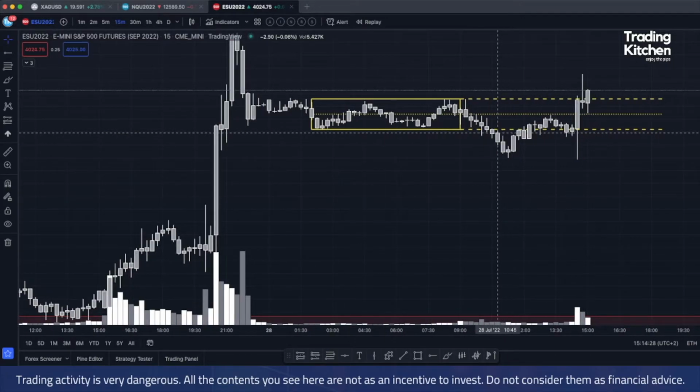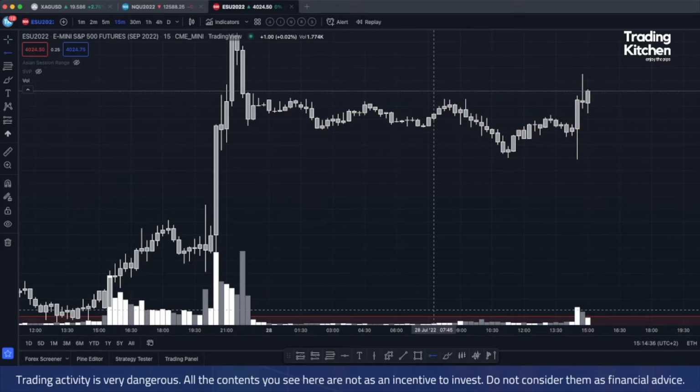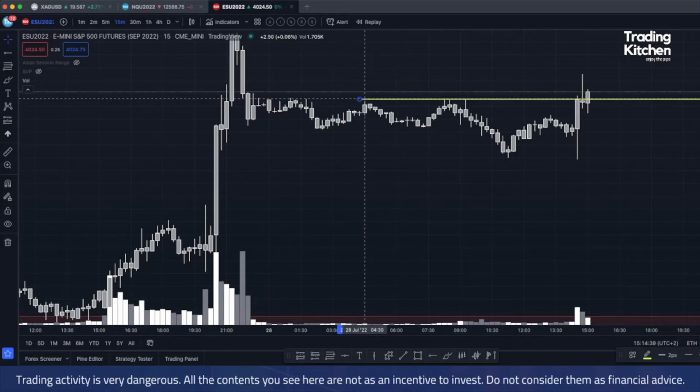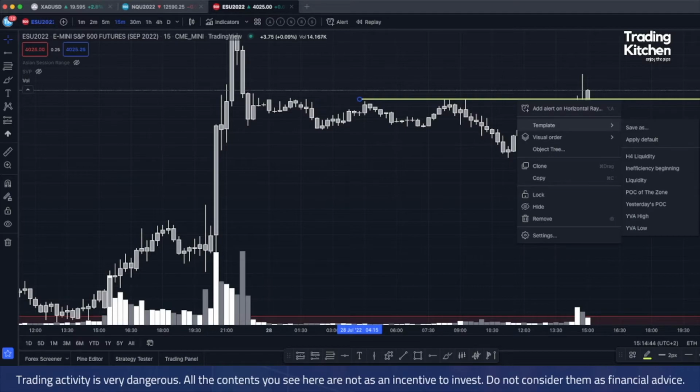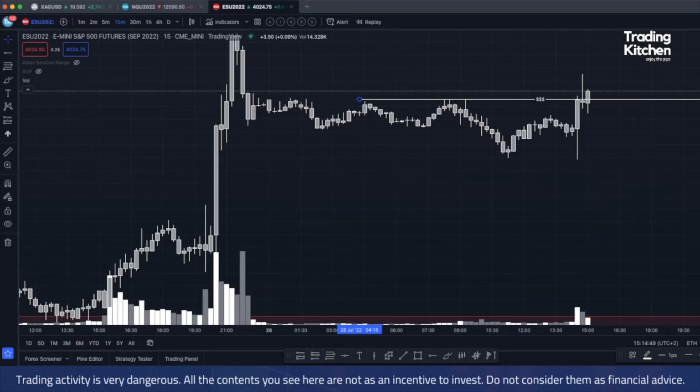It means that this is liquidity. So the Asian session high and the Asian session low are very important levels that you have to consider.